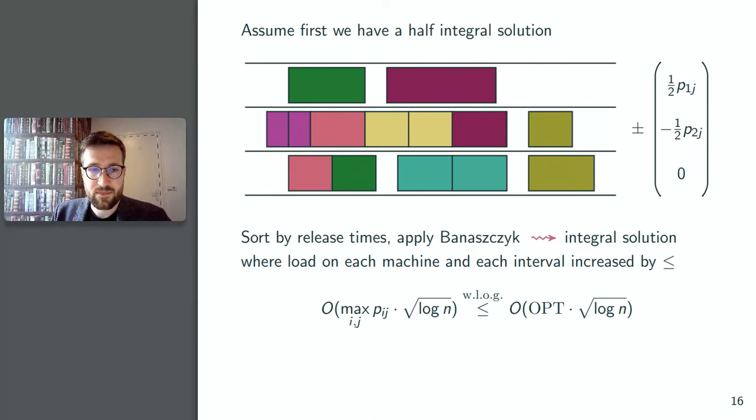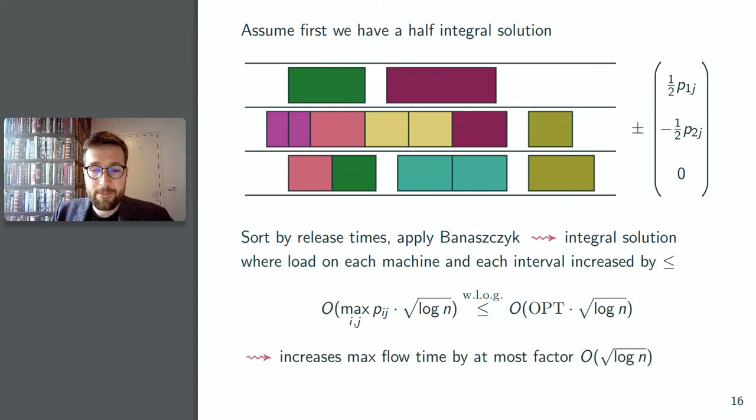And it's important to note that here we are now rounding all the jobs at once, and we only get an error of square root log n instead of getting order of log n. So because opt is the maximum flow time, the maximum flow time increases with this rounding only by a factor of square root log n.